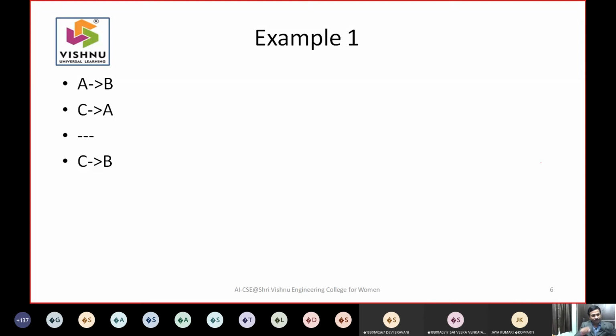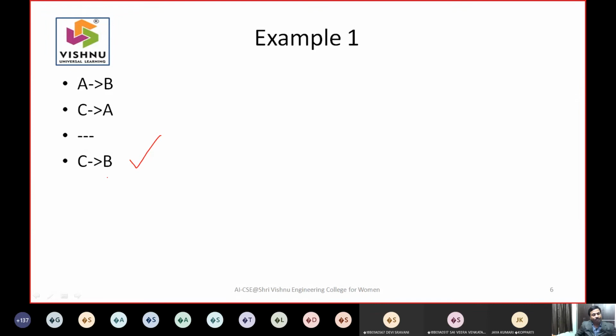Then they will ask you this type of question. Just see here whether the inference that was given here is valid or not. Just tell me by seeing whether this is valid. Okay, C to A and A to B, C to B is a valid inference.